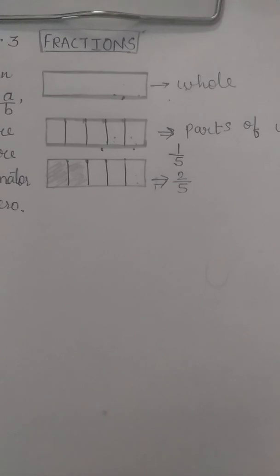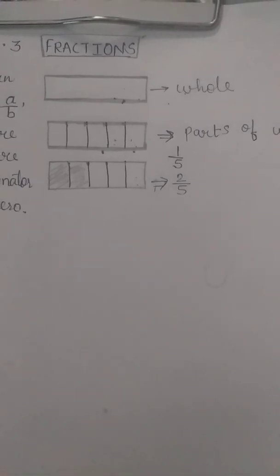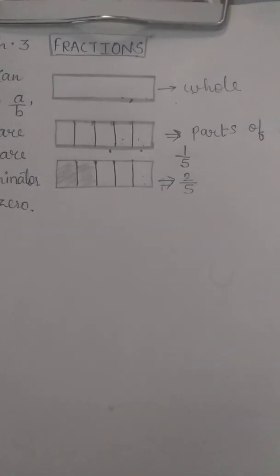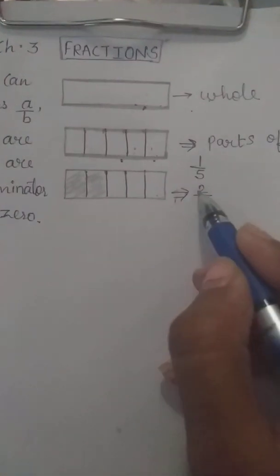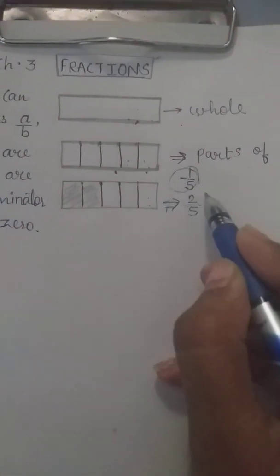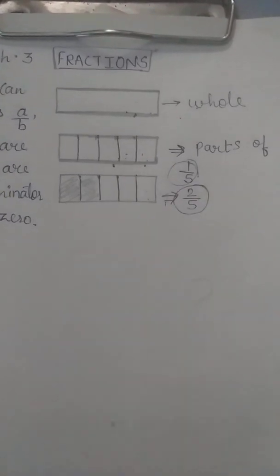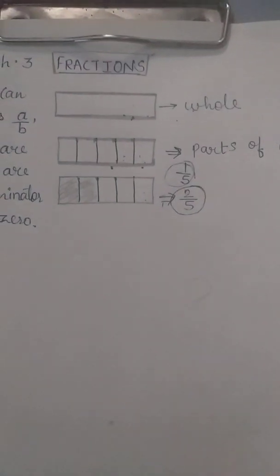So the numbers like 1/5, 2/5, 3/5 used in the statement given above are called fractions. These numbers with a numerator as well as a denominator are called fractions.